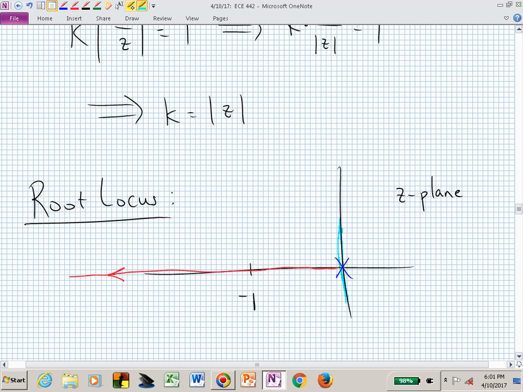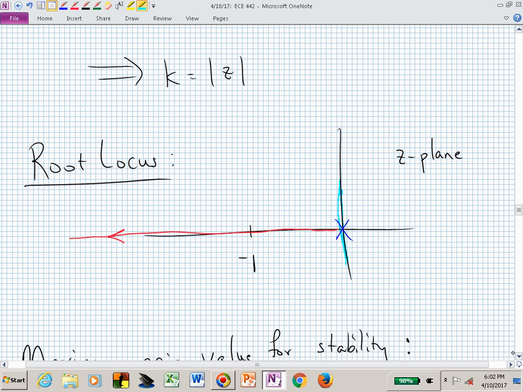But now that I've done that, now I've sketched my root locus, what's the next question I want to ask? I want to know what value of k will produce a stable closed loop system. I know k equal to 0 does. What's my next? I want to find, is there a maximum?